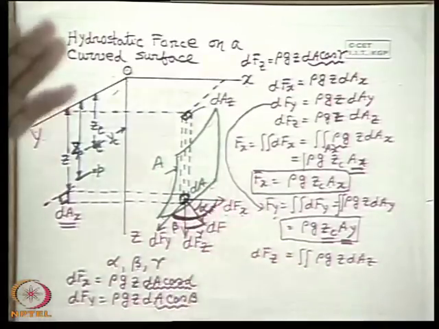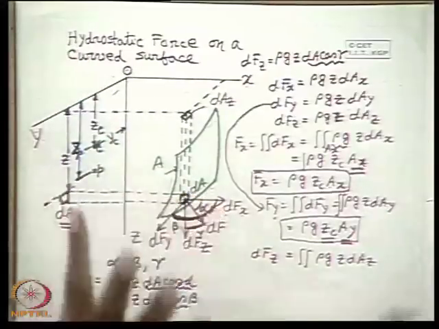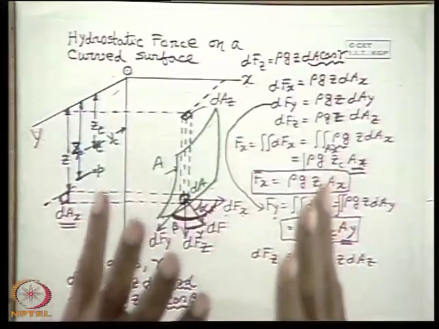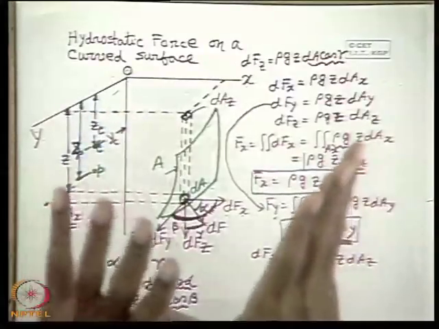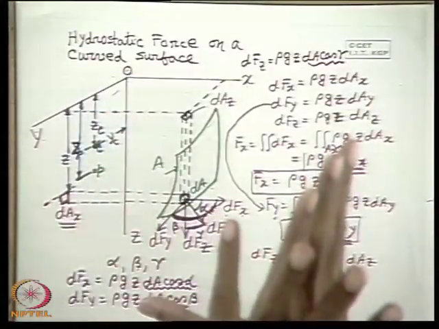So again I am telling, the conclusion is like that, and sometimes it helps us in solving problems: if there is a curved surface submerged in a liquid, then the hydrostatic pressure force in any horizontal direction, it may be x, it may be y, any way you can orient, is equal to the force on a plane surface whose area is equal to the projected area of that surface in a plane perpendicular to the direction.